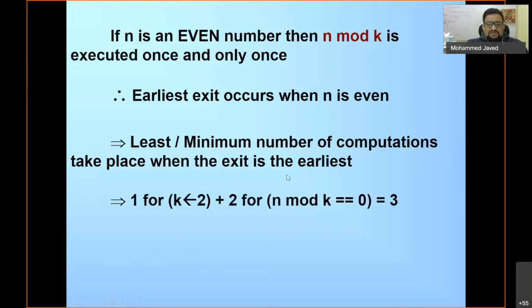So how can we quantify that? For initialization, k equal to 2, we take 1 computing time, plus 2 computing time for checking the condition n mod k equal to 0. I'm talking about the computing time for the earliest exit of this algorithm.